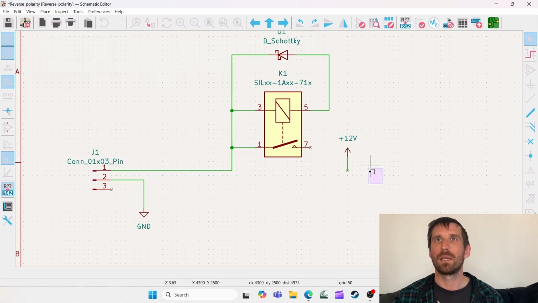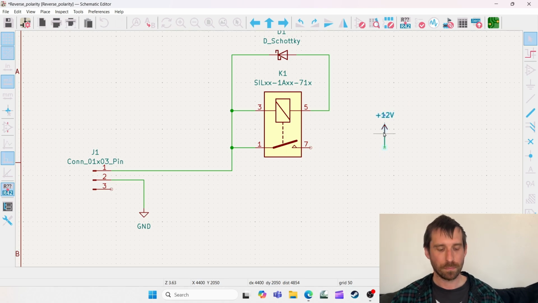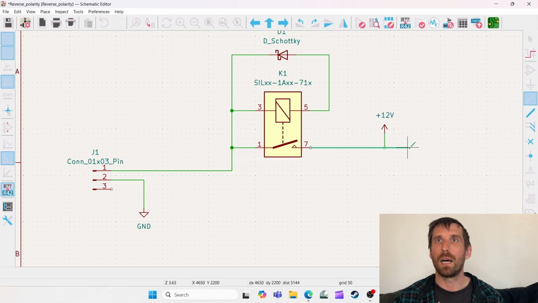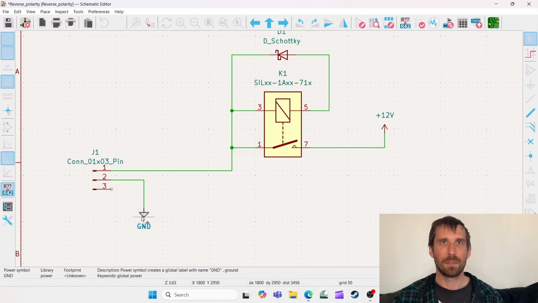So we do that. Then, oh, by the way, we have to do a ground. Do that right there. We have ground.